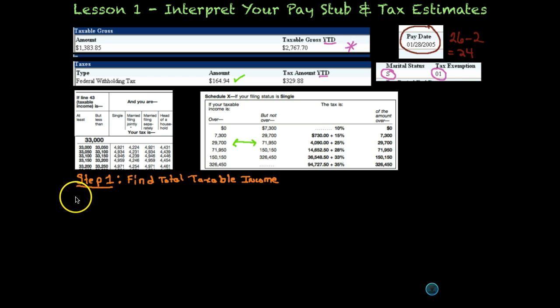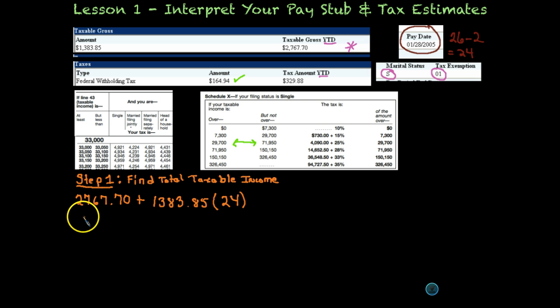So no matter what, this person has already earned $27,677.0. But we need to add to that $13.83, this is what they make per pay period, times the number of pay periods left. We just said there's probably 24 pay periods because we're assuming this person gets paid every other week.